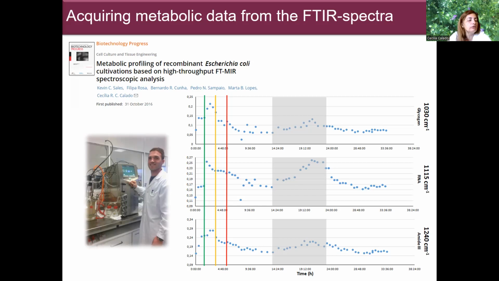And all this gives you very nice clues that this spectrum is associated with the metabolic state of our system.